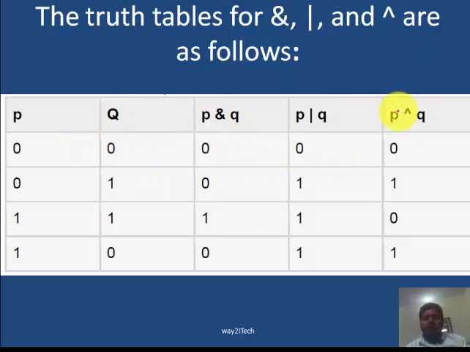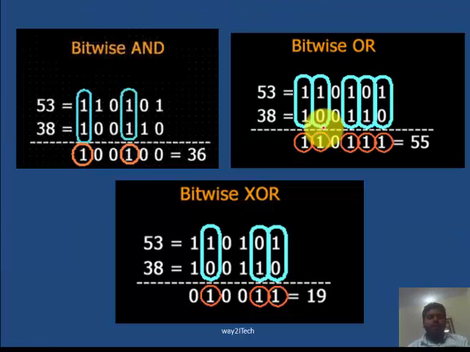You can see the truth table of this. So how does bitwise AND work? Suppose these are the numbers 53 and 38. First of all, we have to calculate the binary of 53. The binary of 53 will be 110101, and the binary of 38 will be 100110.